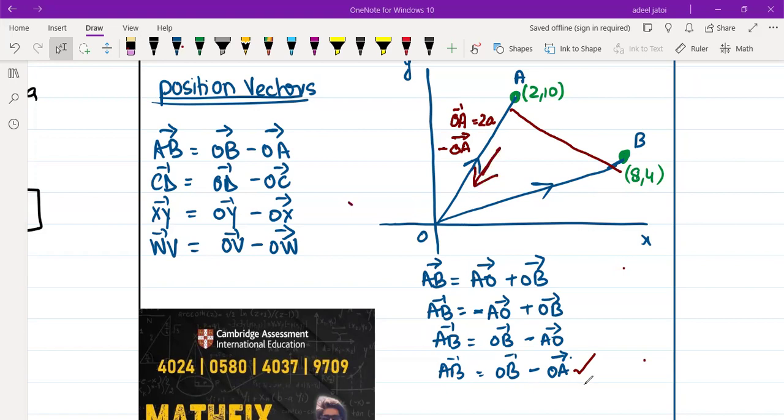That is where the formula comes in. The formula arises from here: AB is equal to OB minus OA. Your AO is generally the normal magnitude that is going to come.